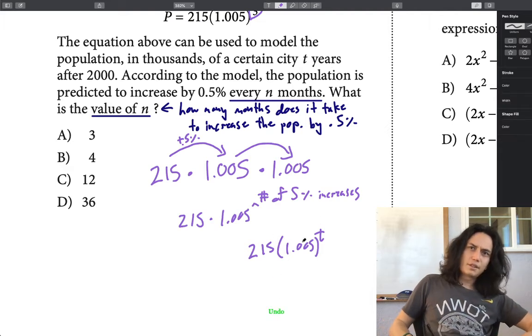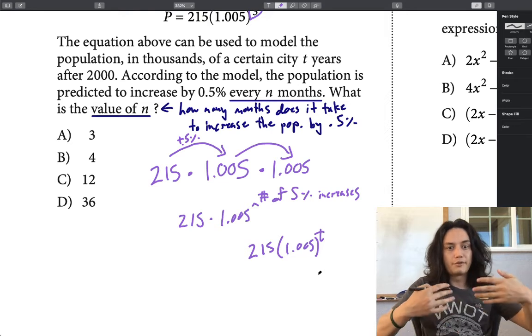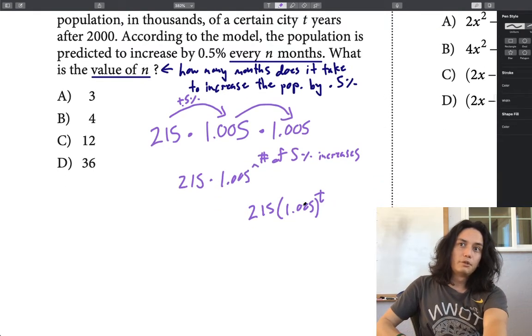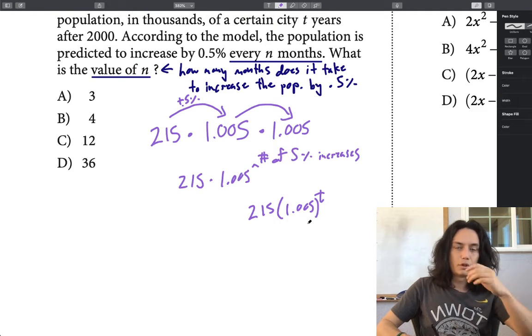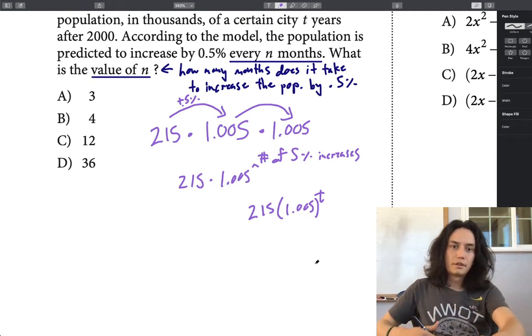If this just said t, it would be like every year that goes by is another increase, right? Because if t is 1, it would be 1.005 to the 1. If t is 2, it's 1.005 to the 2, to the 3, to the 4, etc. Whatever t is, that's how many increases there are.